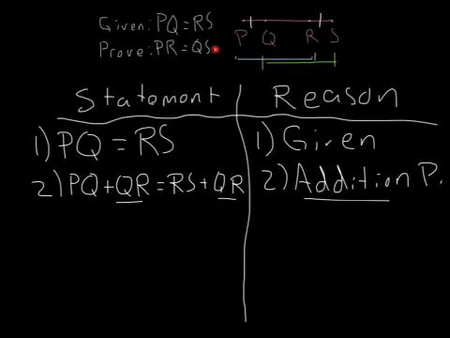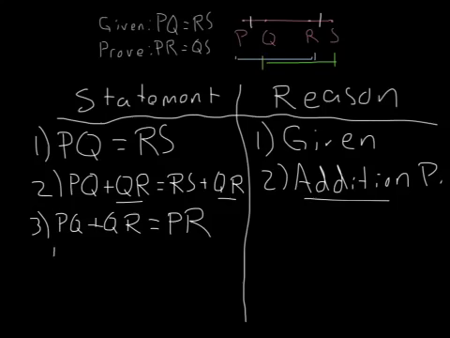So keeping in mind what I want to prove, that's going to help me get a direction for this. So why don't I go with that? Let's say PQ plus QR is going to equal PR.